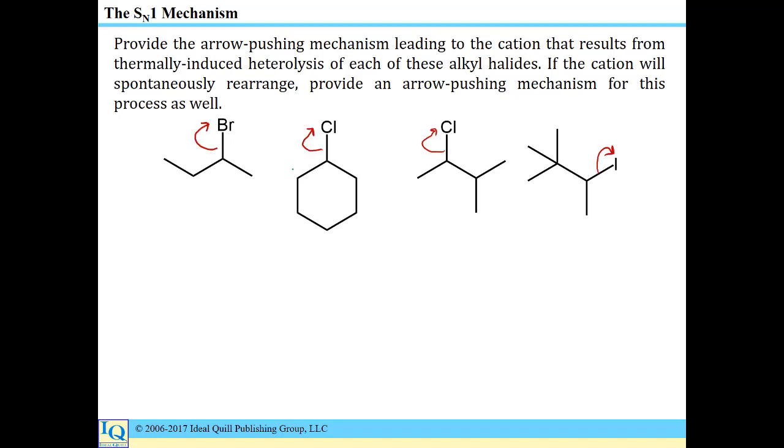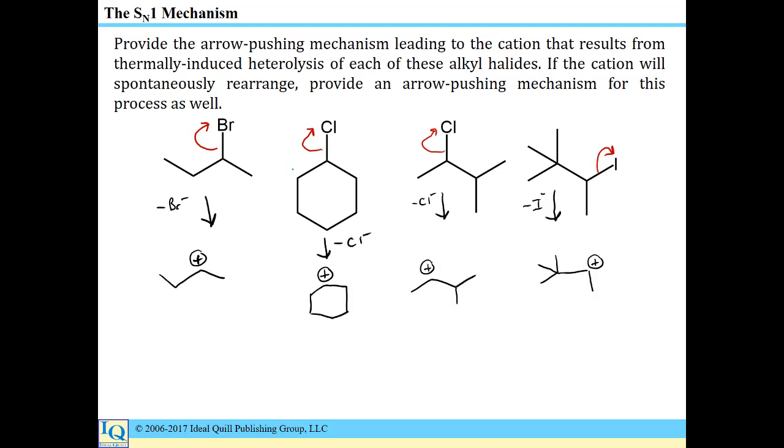Our halogens, the bromine, chlorine, and iodine, are all good leaving groups because if they come off, they will form relatively stable anions. After release of the most stable anion through the heterolysis process, we should have these cations as shown here. The second part of this problem is asking us to assess whether there will be a carbocation rearrangement that would be spontaneous, such that the majority of molecules in the sample would undergo such a rearrangement prior to a subsequent step.